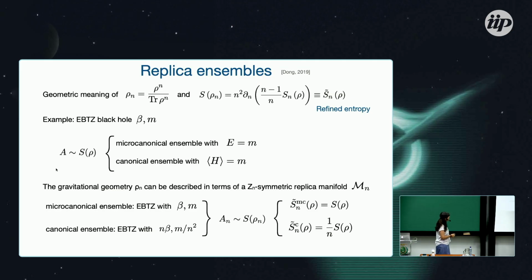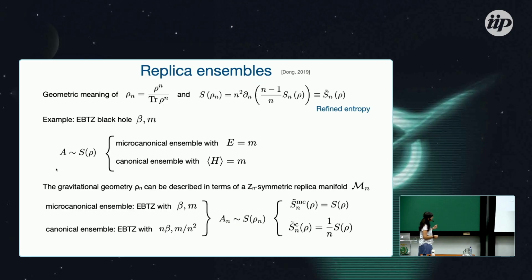But now, once we construct the replica geometry associated to the normalized replica density matrix, one way to describe it is in terms of a Zn symmetric replica manifold. The construction is then sensitive to the ensemble that we started with. In particular, what Xidong showed in this paper is that if we are working in a microcanonical ensemble, the replica manifold will be the same Euclidean BTZ that we started from, in such a way as to keep the energy of the system fixed for each value of n.